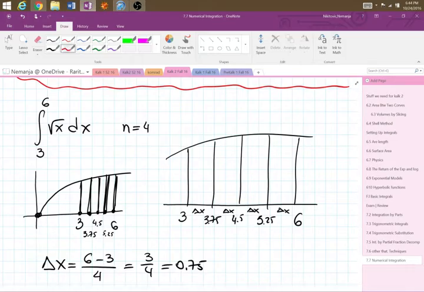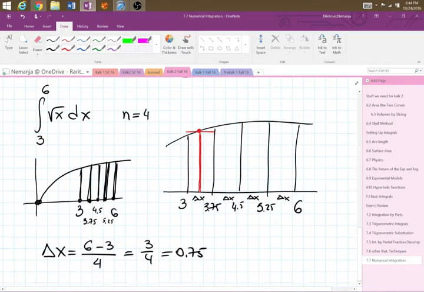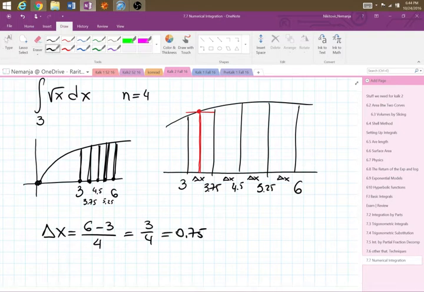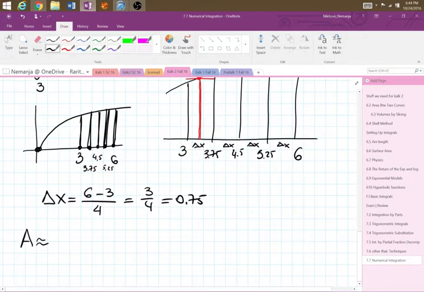Now remember what we are doing. We're going to find the middle, and then draw the horizontal line through that middle. So I need to find all of these averages so I can compute. So let's see, what's the area? Area is approximated by delta x, which is 0.75 or 3/4, times the function which averages 3 and 3.75.